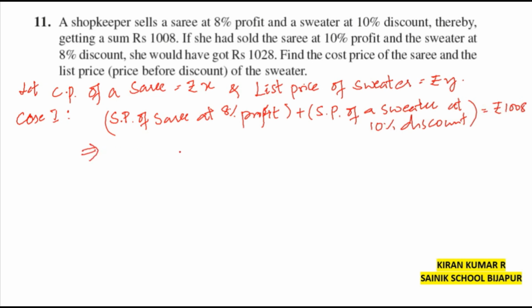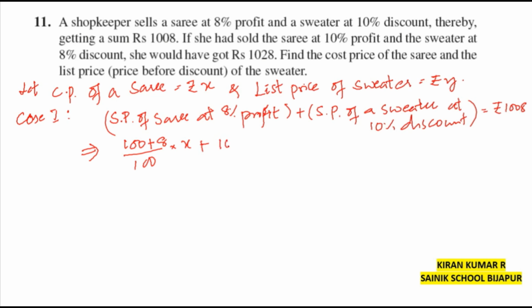We know how to find the selling price by using the formula. SP is equal to 100 plus profit percent upon 100 into CP. Let's use that formula. It becomes 100 plus 8 upon 100 times X plus, we know how to find the selling price when the discount is given.